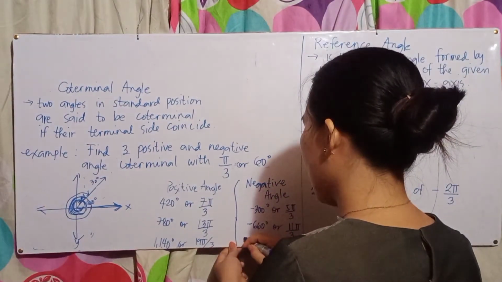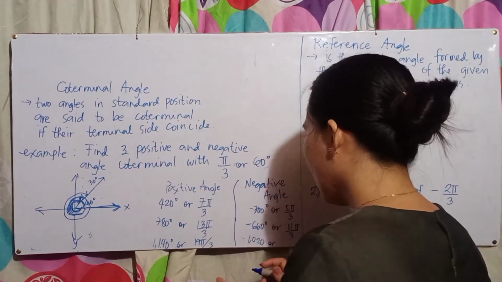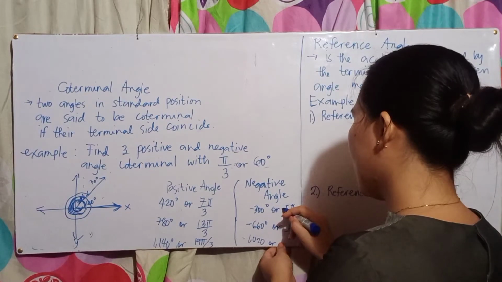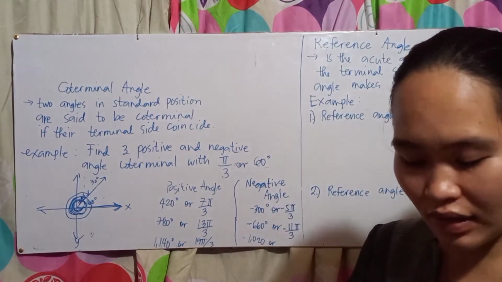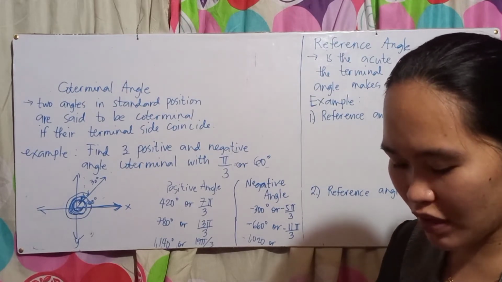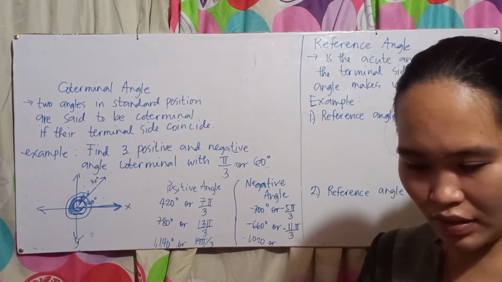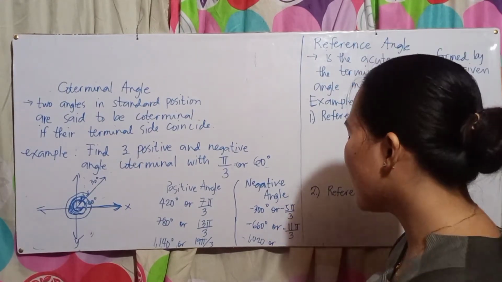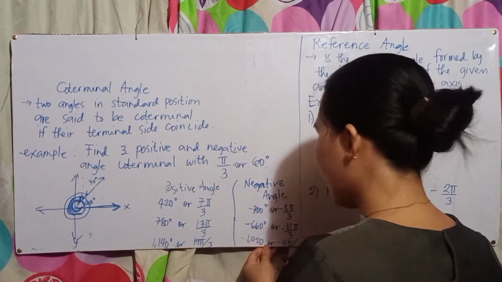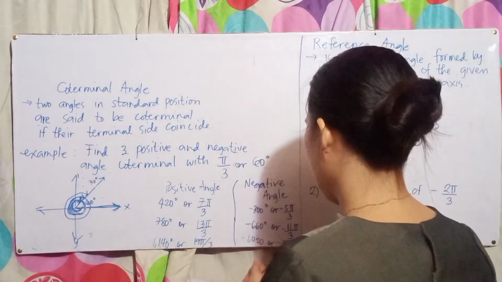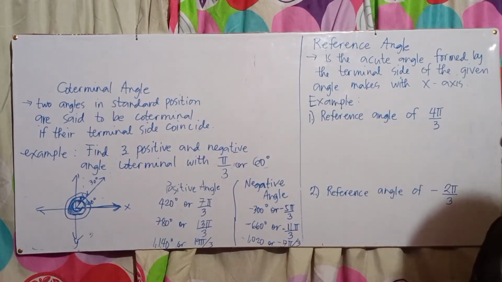So, negative 1,020. So, i-divide lang sa 180. Pag i-convert into radian, divide 180. So, negative 17 pi over 3. So, ana lang pagkuha sa coterminal angle.